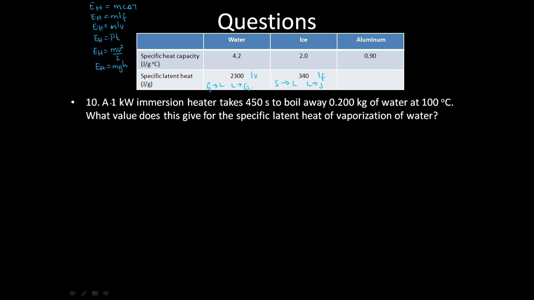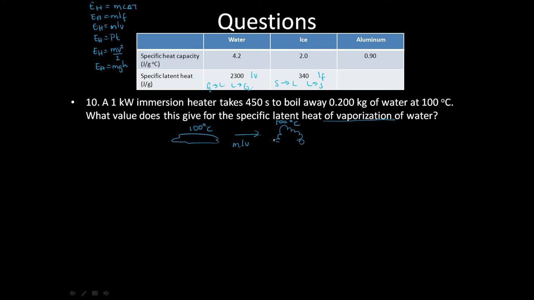Right? So it says a 1 kilowatt immersion heater takes 450 seconds to boil away 0.200 kilograms of water at 100 degrees Celsius. What value does this give for the specific latent heat of vaporization of water? So we're going from water at 100 degrees Celsius to its counterpart, steam, at 100 degrees Celsius, so we're definitely dealing with MLV.